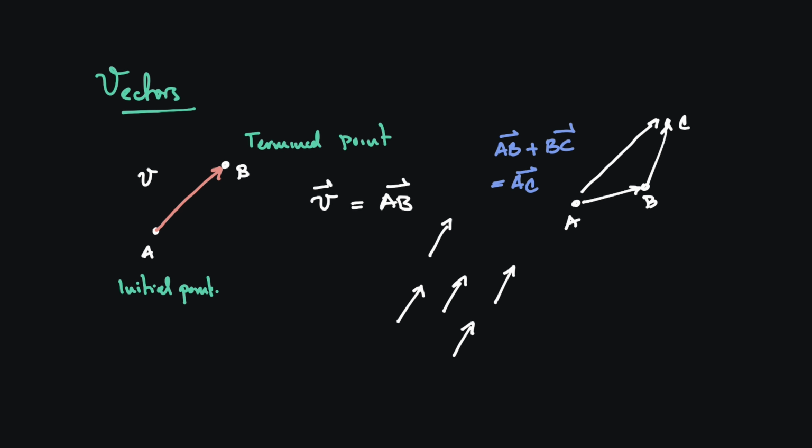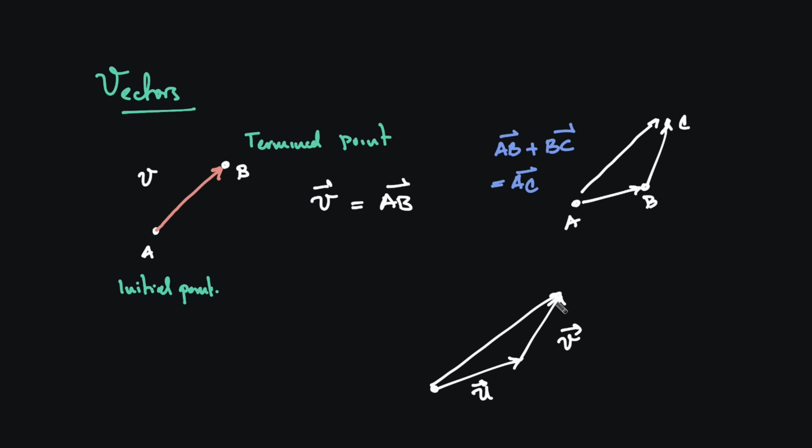Okay, usually we use a simple notation for this. If we have vector u followed by vector v, then we have the resultant vector u plus v. If we have two vectors with the same initial point, this is vector u, this is vector v, okay?